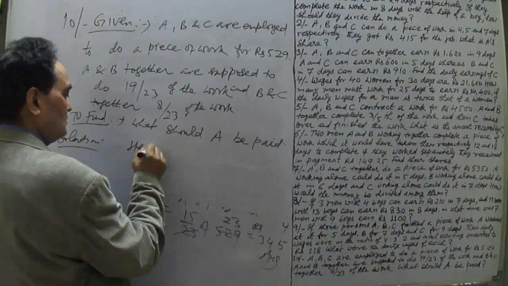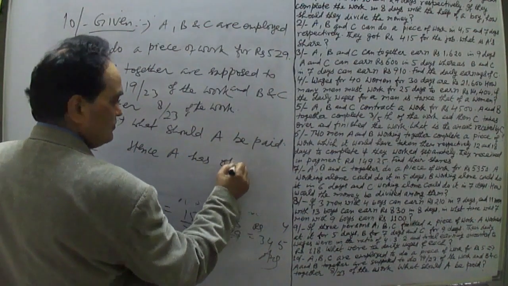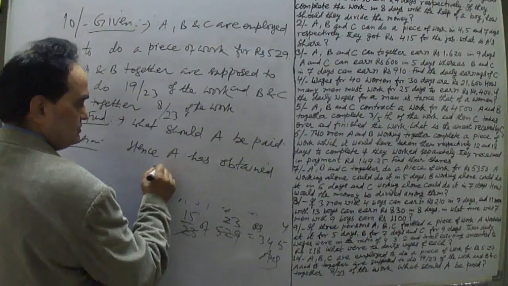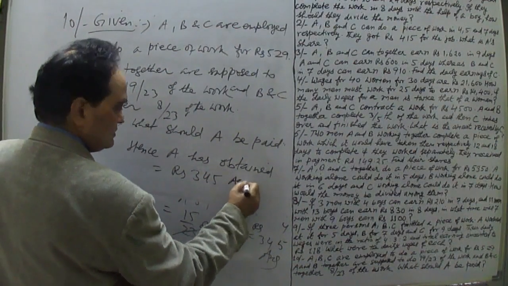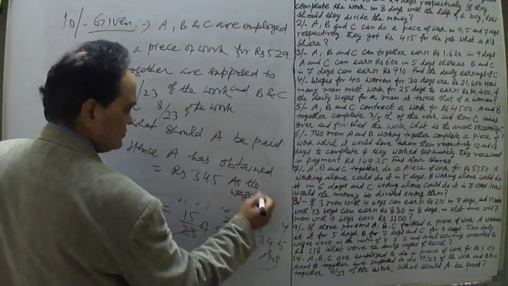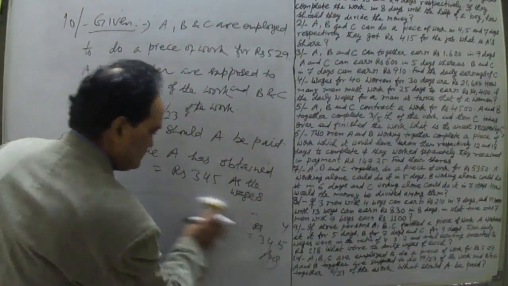Hence we can say A has obtained rupees 345 as the wages. This is the answer here.